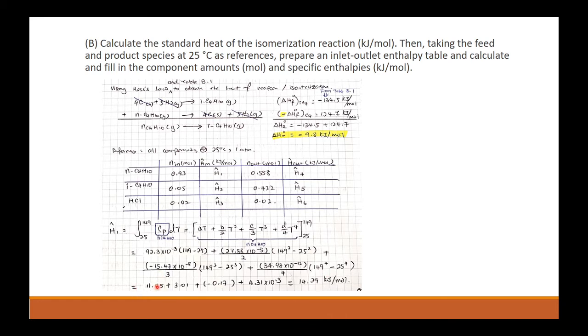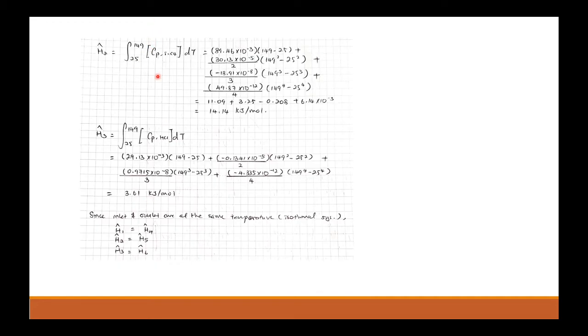So we found that H1 is equal to 14.29 kilojoules per mole. We do the same for H2 and H3, which is for IC4 and HCl. For H2, IC4, same thing.